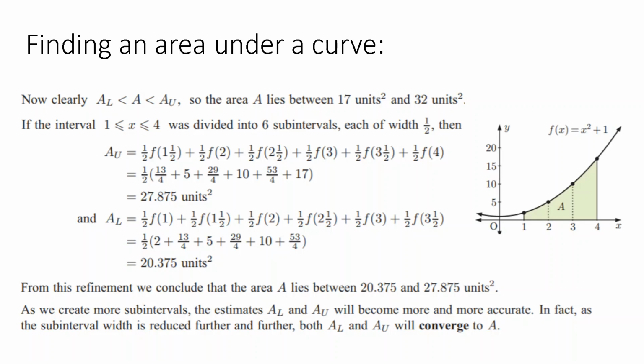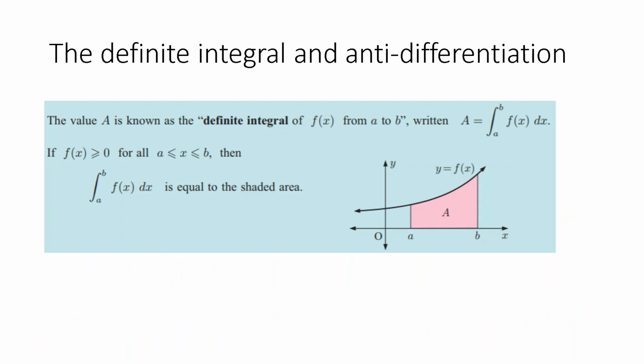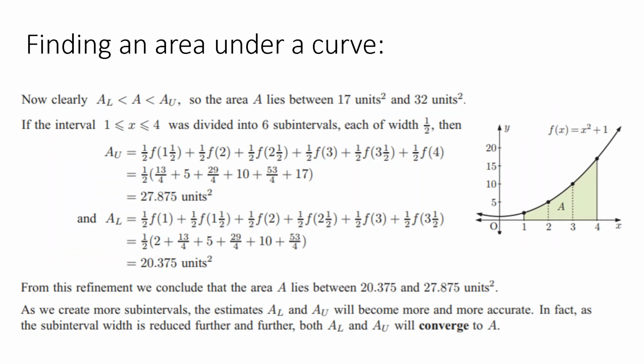Now let's imagine that AL and AU become more accurate as the width of each of the columns gets smaller. In fact, let's say that they converge to A with a very, very small width, basically almost nothing. That's how you find the area. That's what integration is, and that's how you find the area under the curve.